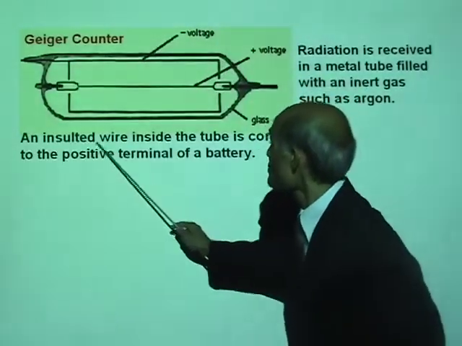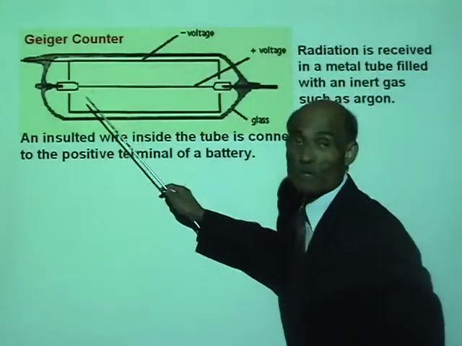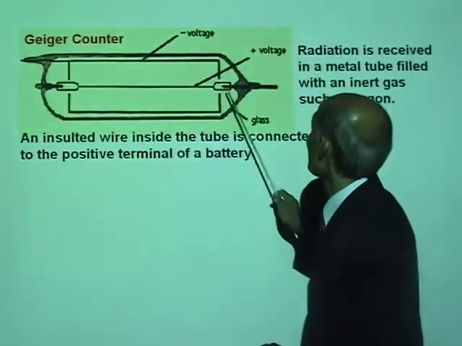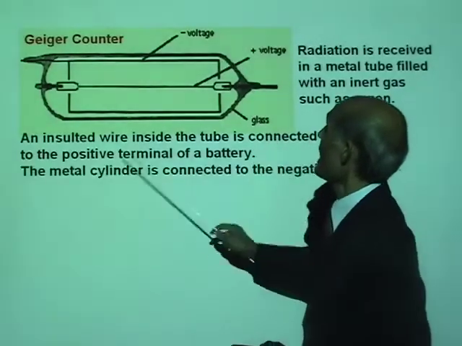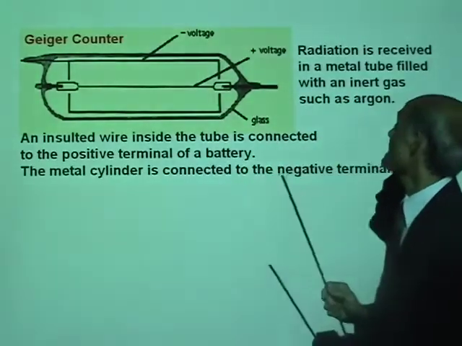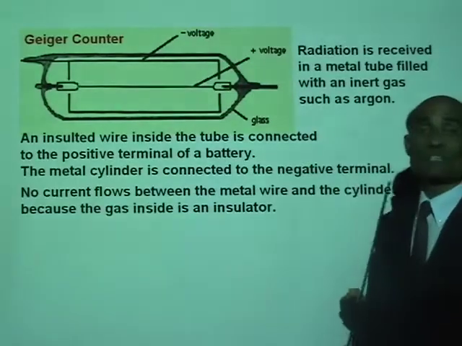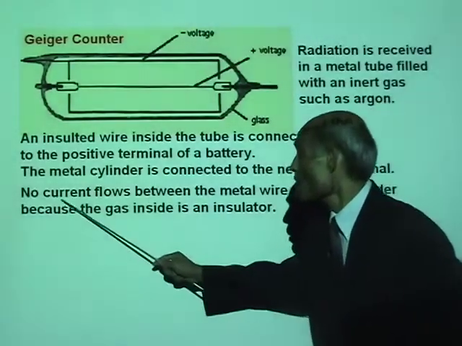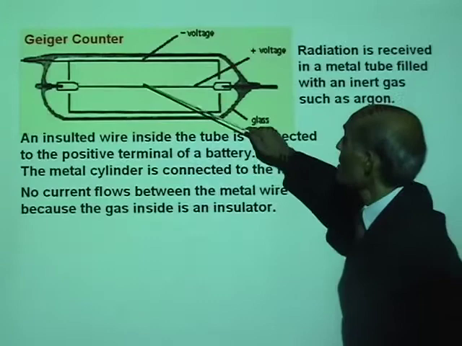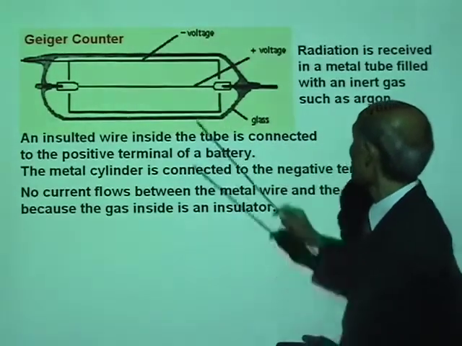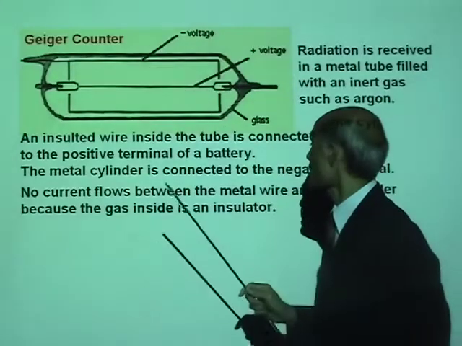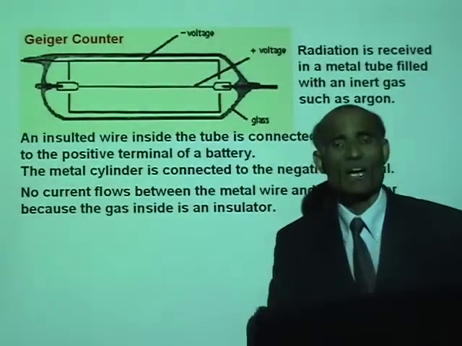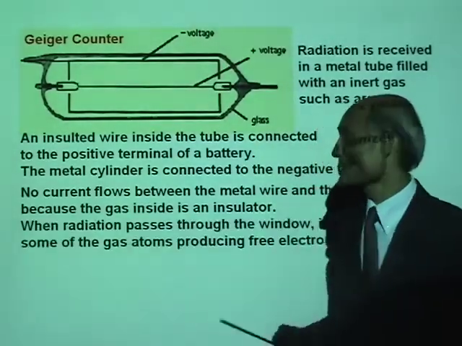Well, an insulated wire inside the tube is connected to the positive of the battery, and the metal cylinder is connected to the negative terminal. No current flows between the metal wire and the cylinder because the gas inside is normally an insulator.